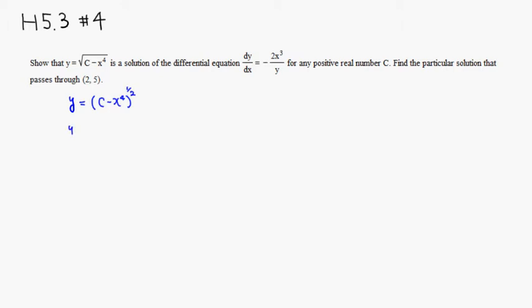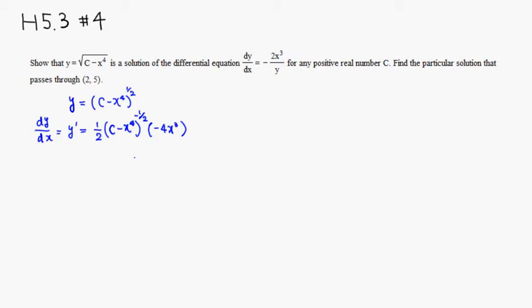So we can take the derivative of this. dy over dx is equal to: put the power in front, keep the inside function as it is, and subtract 1 from the power, so 1/2 minus 1 would be negative 1/2. Then multiply by the derivative of the inside. The derivative of c is 0, c is a constant. The derivative of negative x to the fourth is negative 4x cubed. Then we can clean it up a little bit.